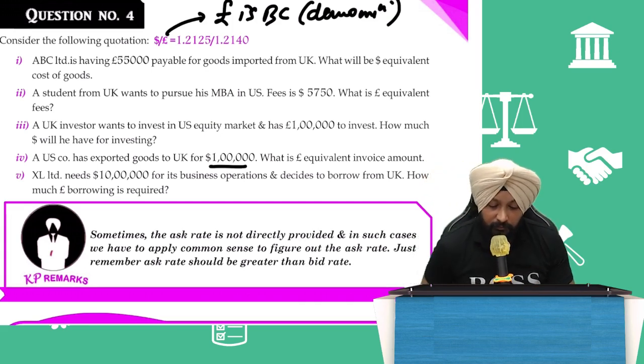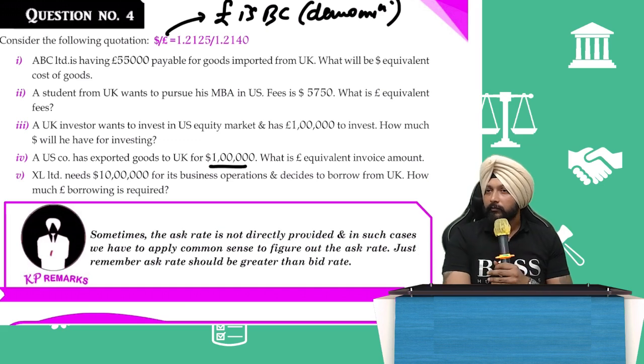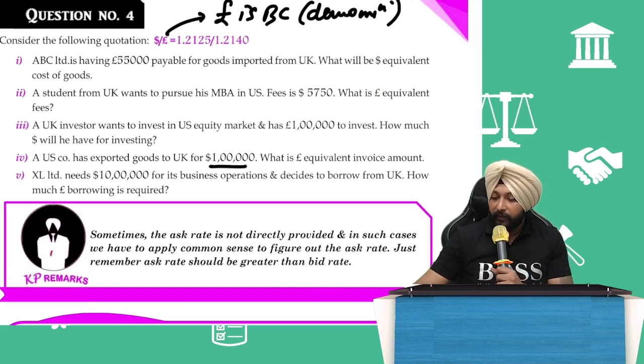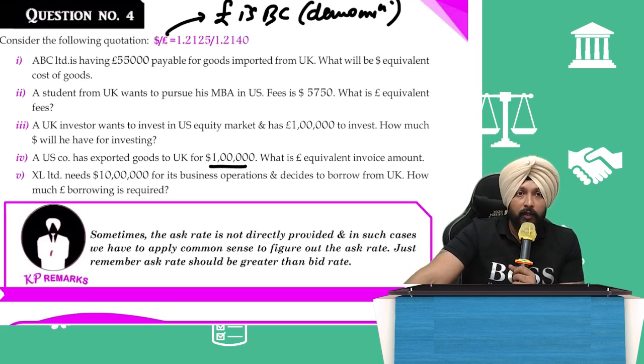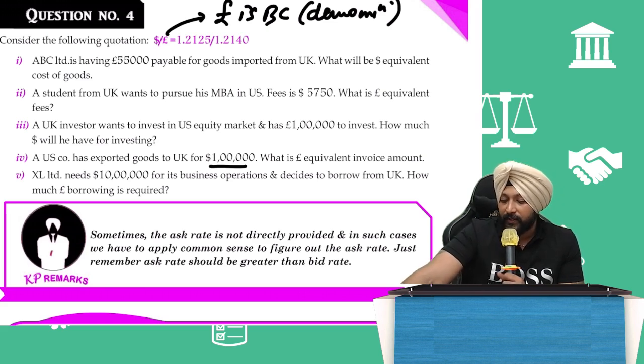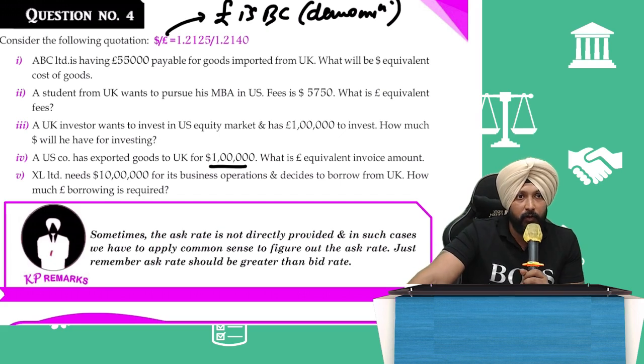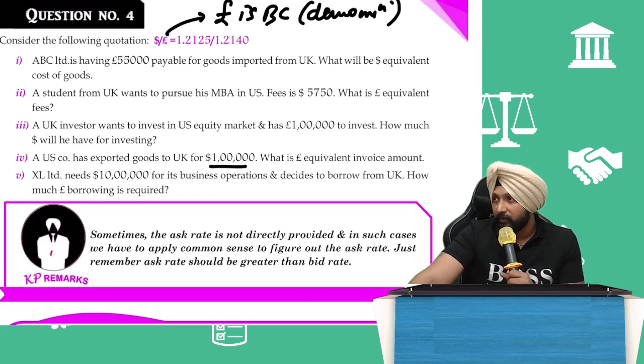Bid rate you are saying. Okay. So one thing is sorted out, right? $10 lakh is given, we need to find the pound equivalent. So from price currency to base currency, we need to divide. This part is clear to everybody, right? Now some of you are saying bid rate. Okay, let us see. Anybody has a different answer?